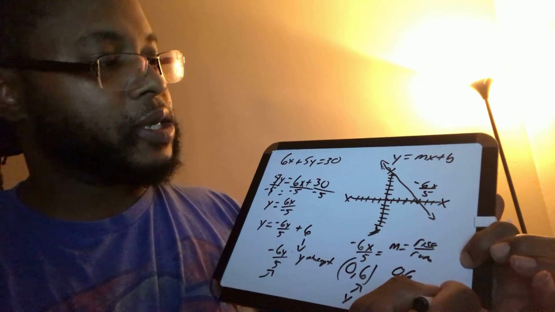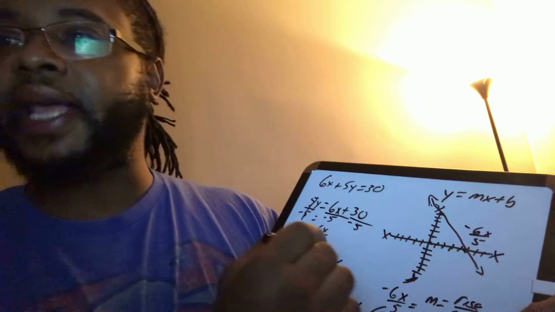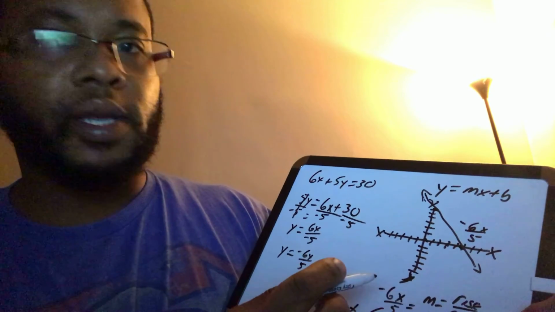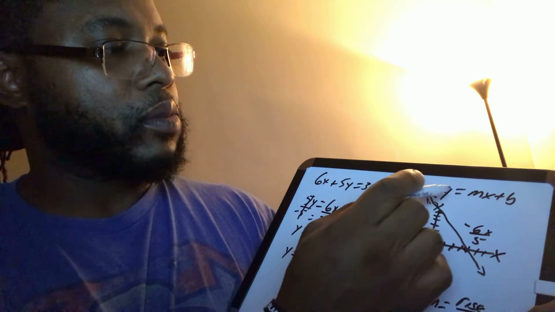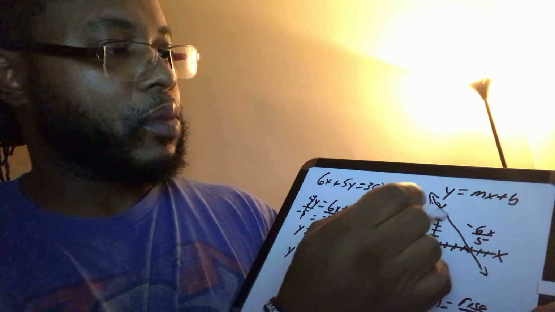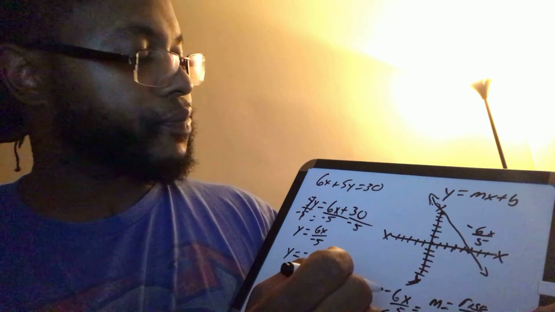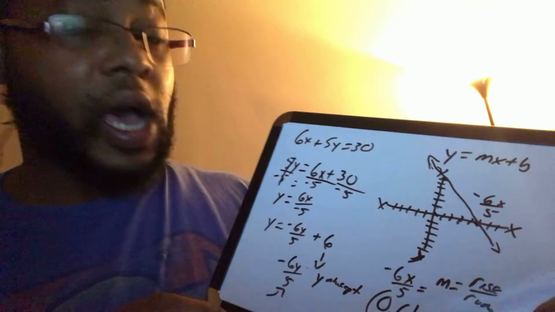All right. So I guess the answer to this problem would be negative 6 over 5 is our slope, and you see it graphed. I hope I answered the question.